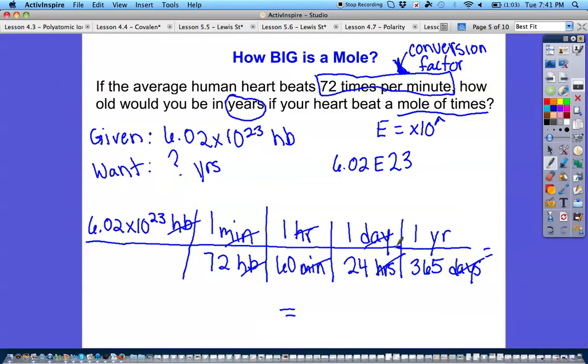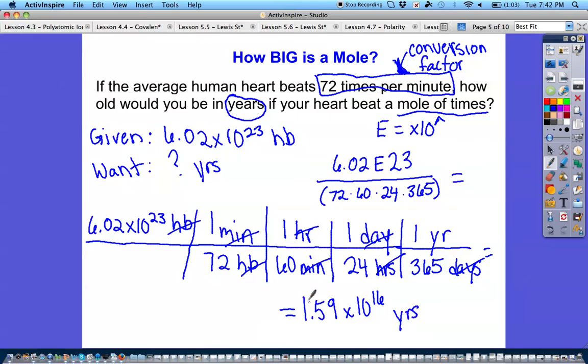Multiply that by 1, which is still 6.02 times 10 to the 23rd. Divide it by, open parentheses, 72 times 60 times 24 times 365, and then equal it, and you should get 1.59 times 10 to the 16th years.